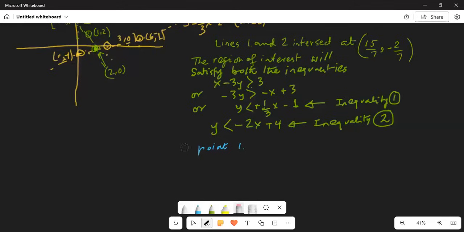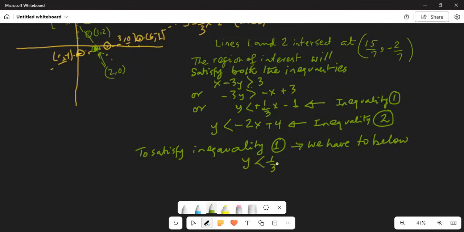Okay, so to satisfy inequality 1, we have to be below y less than 1/3 x minus 1.